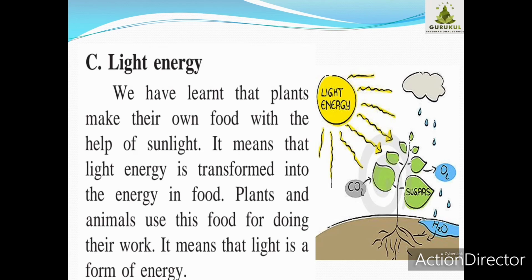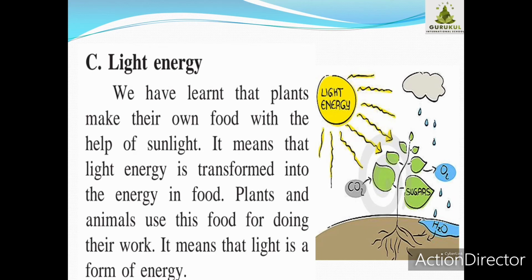So from where do they get the energy? Directly or indirectly, all living things get their food from the plants. And plants, from where do they get this food? They make their own food from the sunlight.